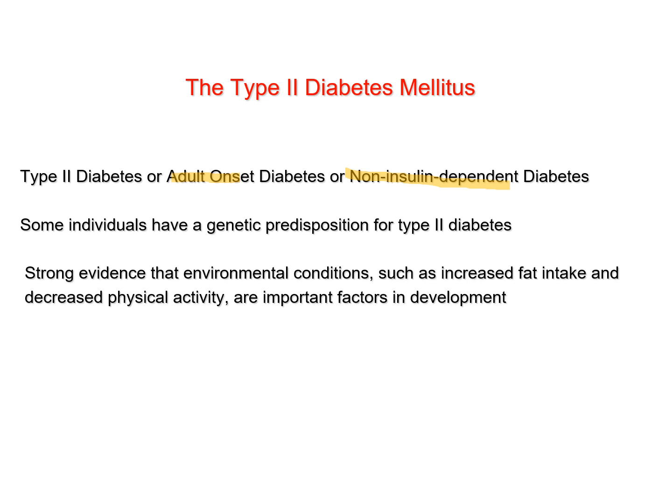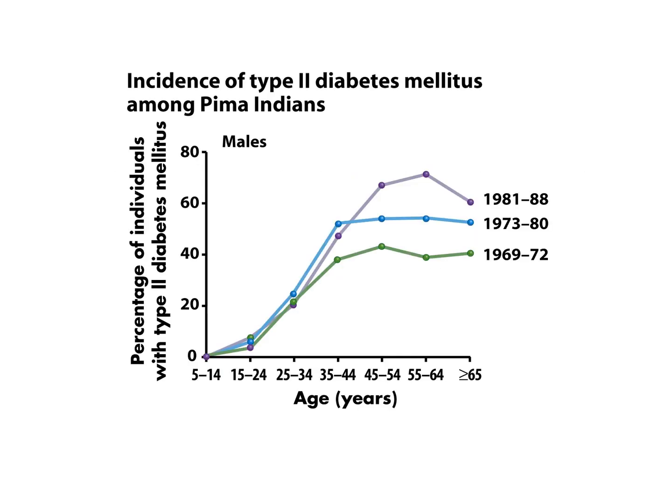The genetic predisposition to this kind of mature onset of disease is particularly clear in certain populations. This is old data, but nevertheless fairly instructive, of natives in, I believe, southwestern United States.